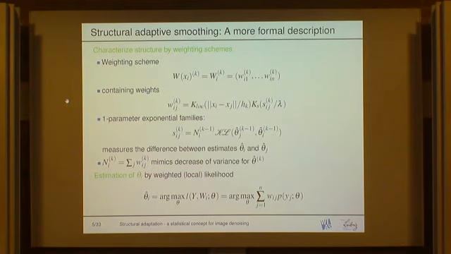One type of information is locality, or distance in design space, and this is done using a kernel function K_loc, and it depends on a distance or metric in design space and on a bandwidth h_k.